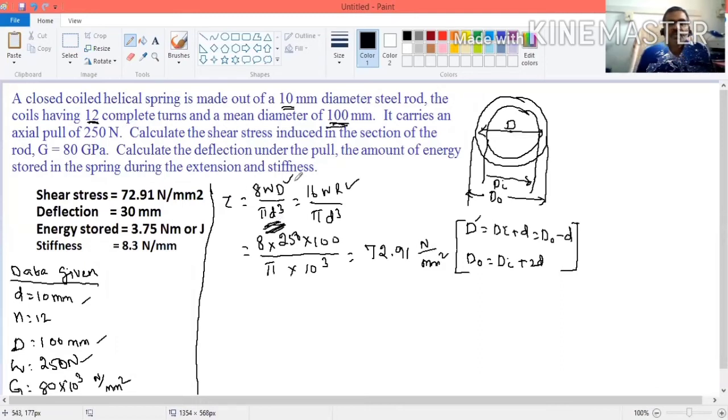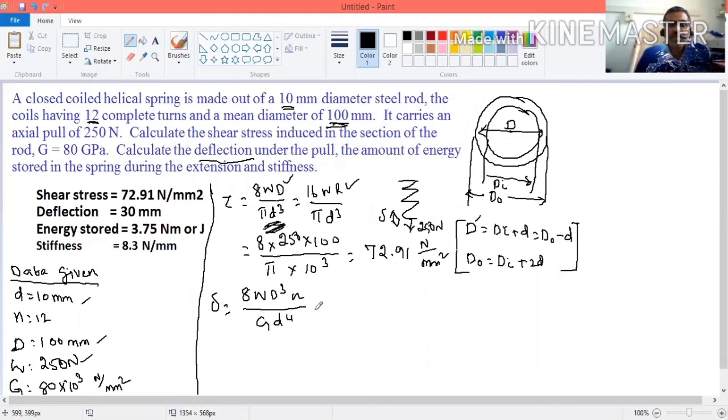Right? So next we have to calculate the value of deflection. When the spring is subjected to a pull of 250 Newton, how much will it deflect? What will be the deflection, delta? So we have an equation: delta is equal to 8 W D cube n by G d power 4.